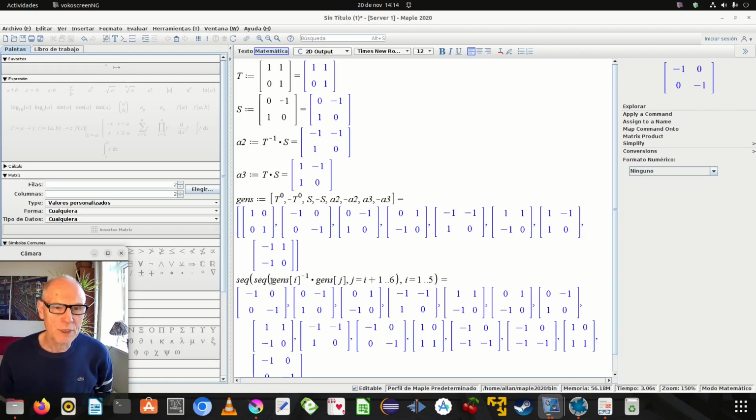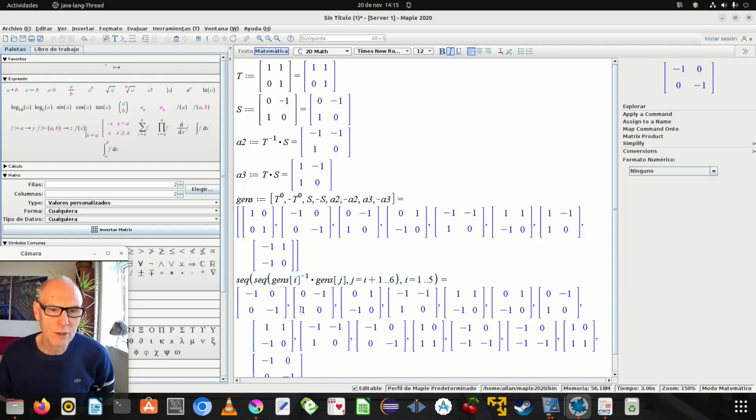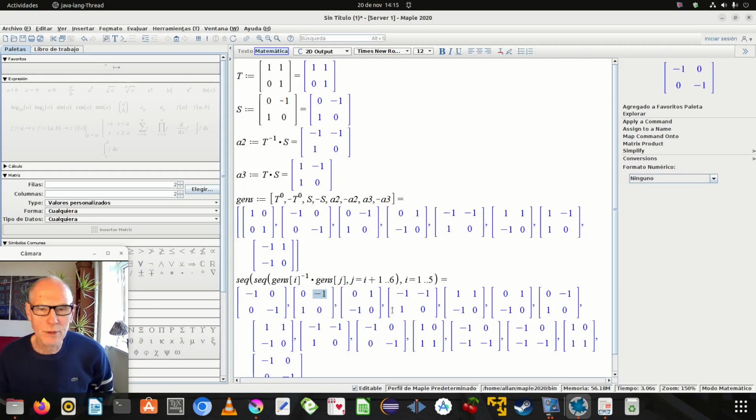I even took identity in the group, that is basically not needed. But then we take the inverse of them times the others. And we can see that none of them lies in gamma 1. This is minus 1. And this is not naught. That's naught in the diagonal.